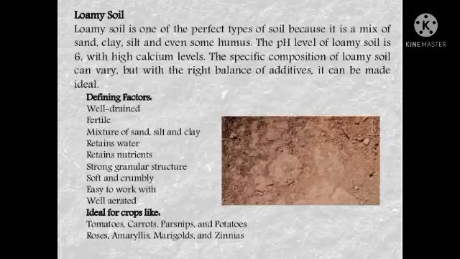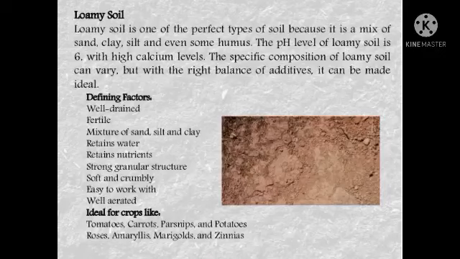Lastly, loamy soil is one of the perfect types of soil because it is a mix of sand, clay, silt, and even some humus. The pH level of loamy soil is 6 with high calcium levels. The specific components of loamy soil can vary, but with the right balance of additives, it can be made ideal.